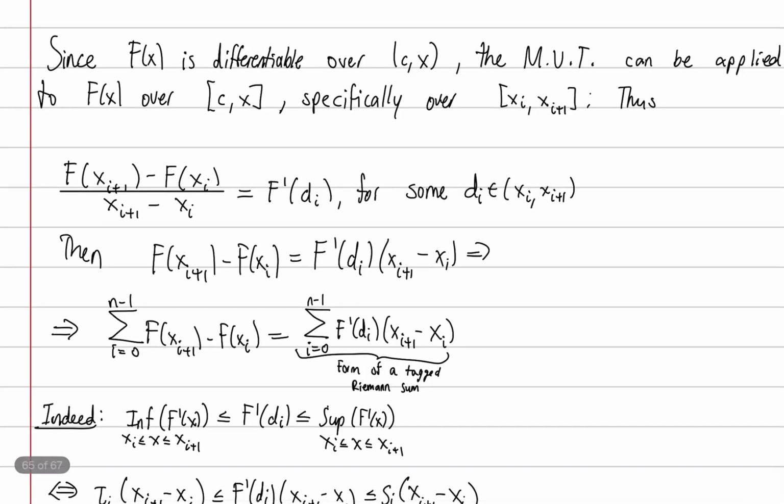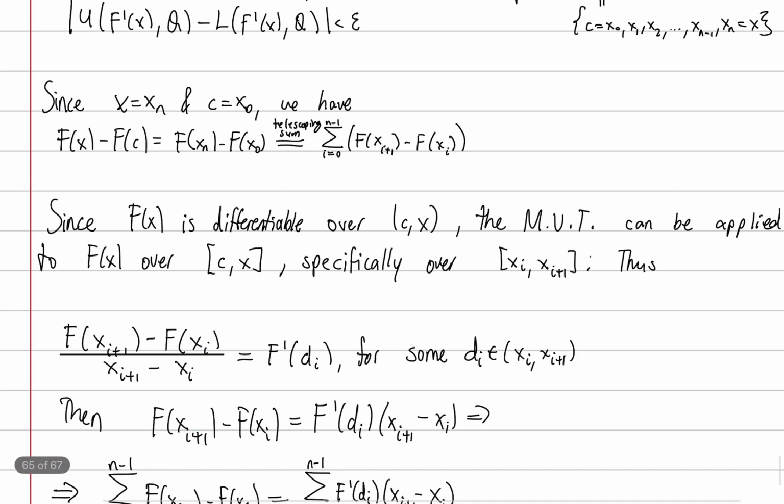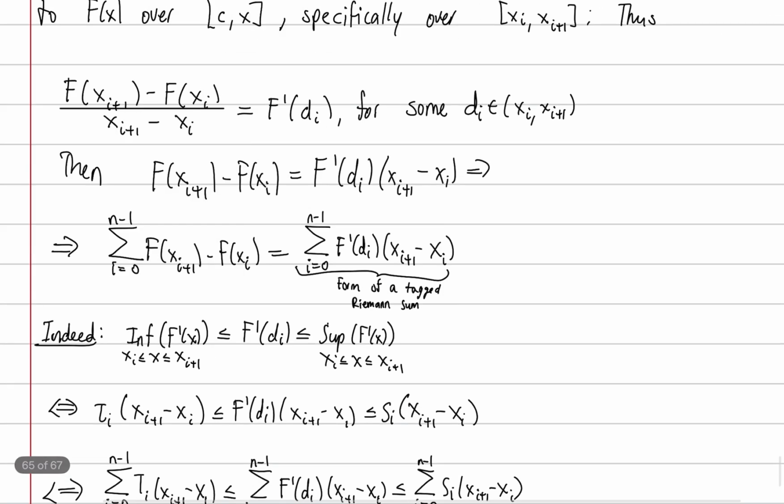The key thing to note here is that this sum, we already said up here, was just this difference. And this, believe it or not, is the form of a tagged Riemann sum. If you learn the Riemann sum in tagged form, as long as you replace capital F prime with f, you're just saying that this is a tagged Riemann sum.